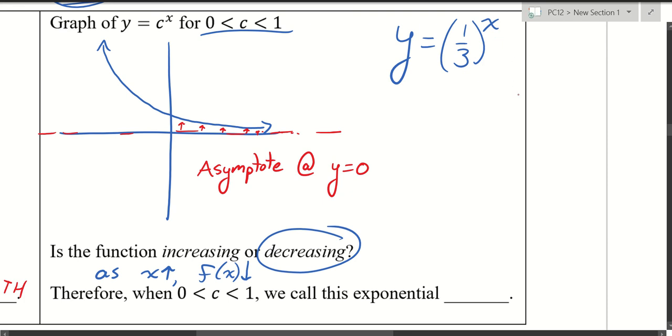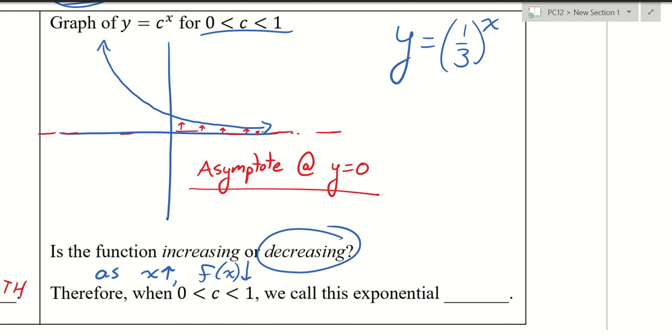And there's actually no input either that we could plug in here that would give us 0 as a result. So we're not even going to touch the x-axis. That's why we get this asymptotic behavior. It's just that the asymptotic behavior of this particular kind of function is in the opposite direction of exponential growth.